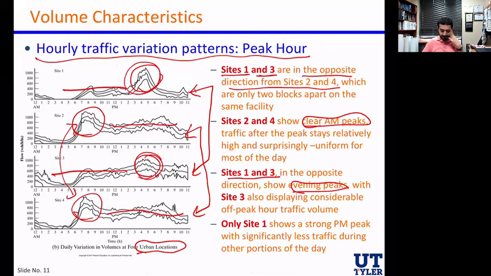For site 3 in specific, we're also displaying here considerable off-peak hour traffic volume for site 3 compared to site 1. Like site 1, again, really the average is about here, so it's about 200 vehicles per hour away from the peak hour. But for site 3 the average is somewhere about 600 vehicles per hour. That's another observation.